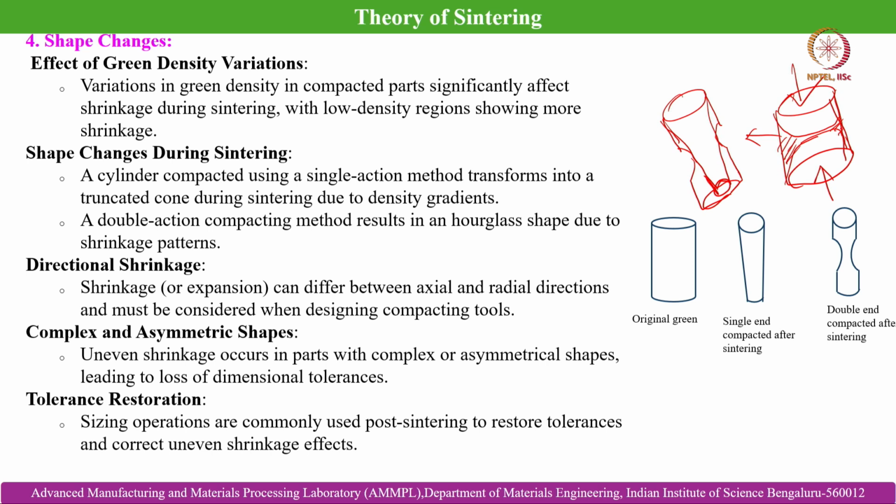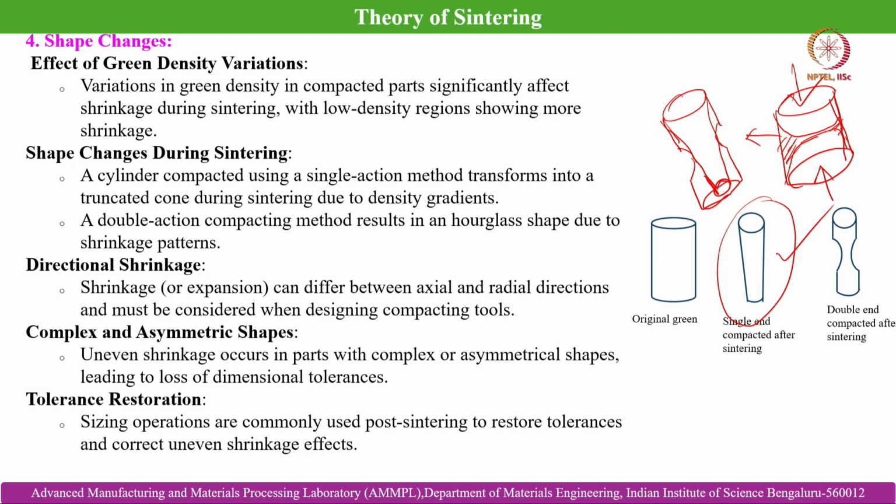That enhances the sintering kinetics in those locations, which results in higher shrinkage there, and can cause a highly distorted structure. So, these are basically the shape changes. It is the effect of green density variation, shape changes during sintering.